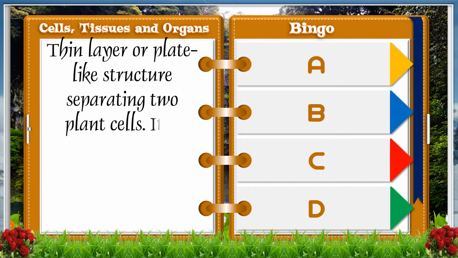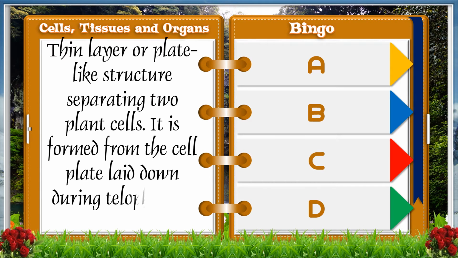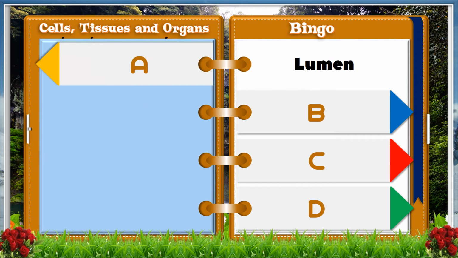Thin layer of plate-like structure separating two plant cells. It is formed from the cell plate laid down during telophase of mitosis. A. Lumen.